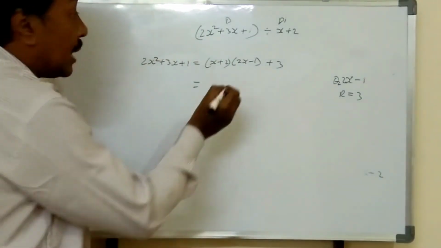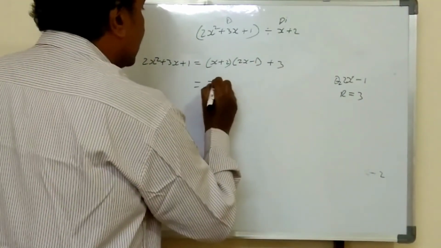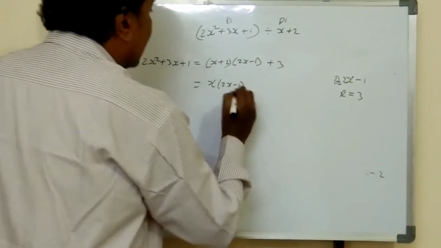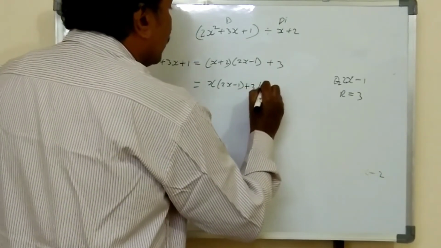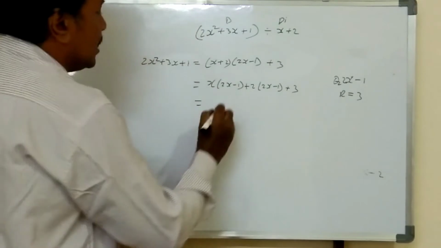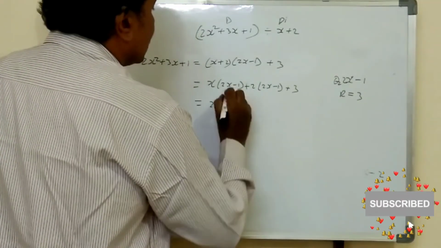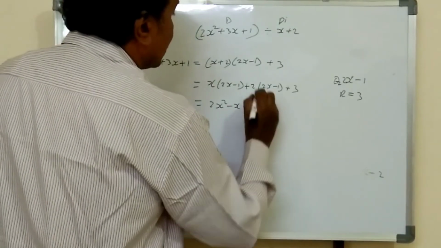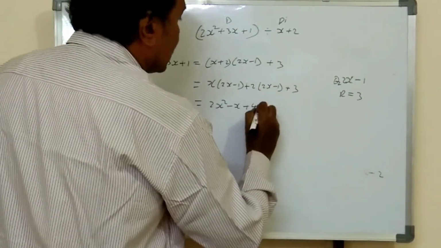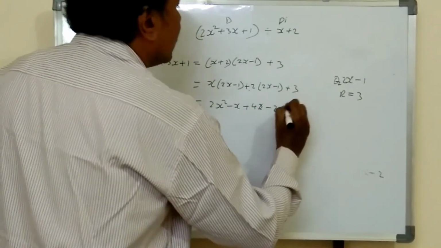Now let us see whether LHS is equal to RHS or not. As usual, I will multiply x into 2x minus 1 plus 2 into 2x minus 1 plus 3. x into 2x is 2x square, x into minus 1 is minus x, plus 2 into 2x is 4x, 2 into minus 1 is minus 2, plus 3.